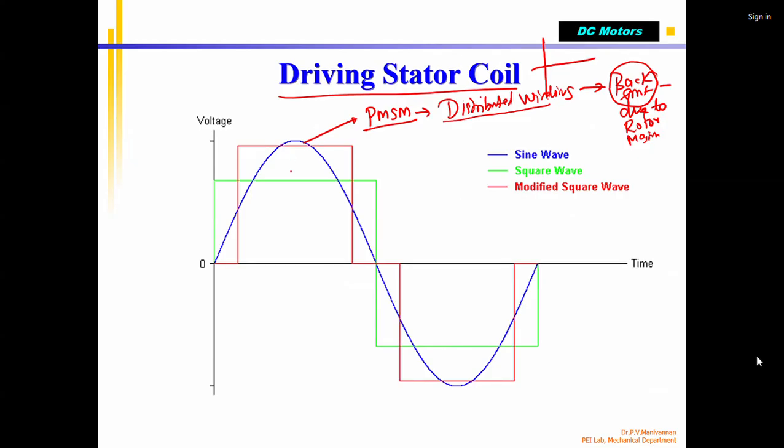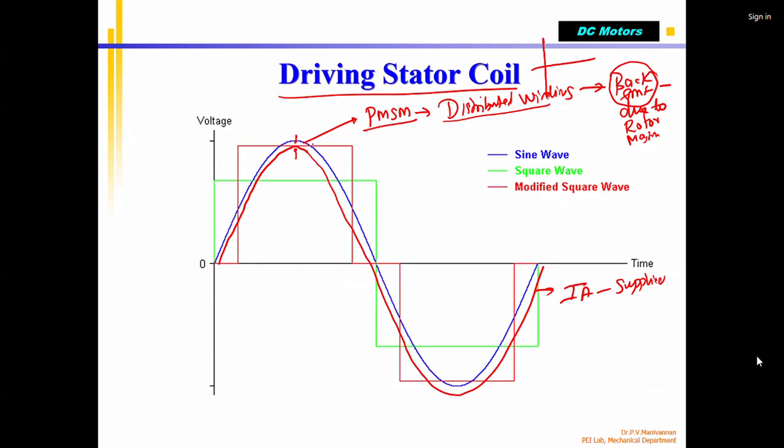Correct? In this case, what type of voltage do you have to supply to the coil? Again sinusoidal. This is the IA supplied current or supplied voltage. If you supply sinusoidal voltage, sinusoidal current will flow, and magnetic flux will flow. So this is the back EMF, and there is a difference between these two, correct?